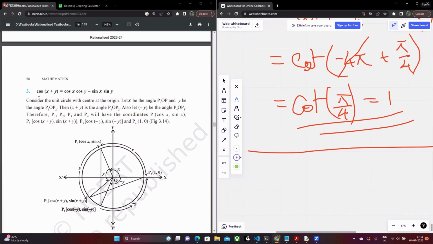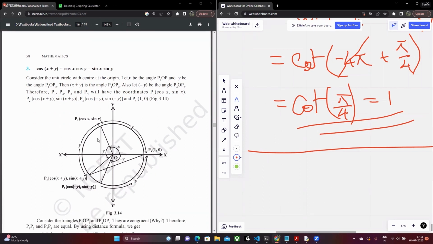Bit different, but they're also pretty easy to remember. And the derivations are also very easy, right? You draw a circle, you take a triangle, mostly an isosceles triangle because you deal with two radii, right? And you deal with x, y, and whatever minus y over here, right? With that, you get the formulas of all these different angles and the angle sums.